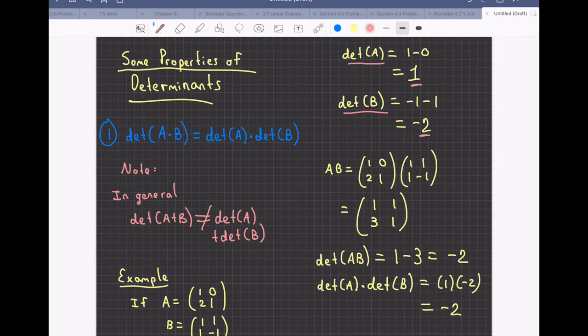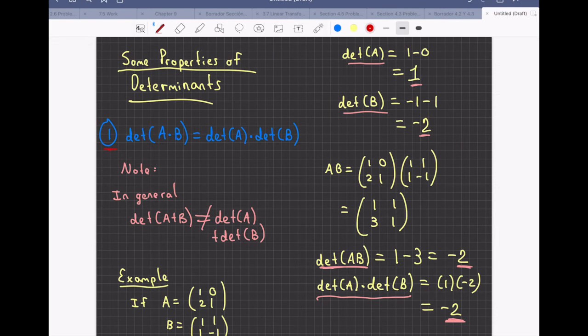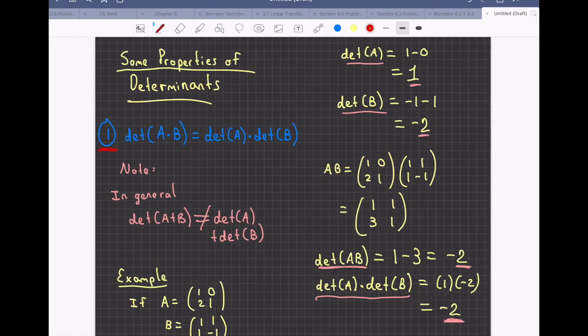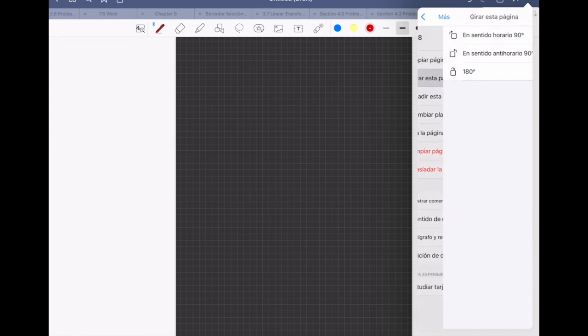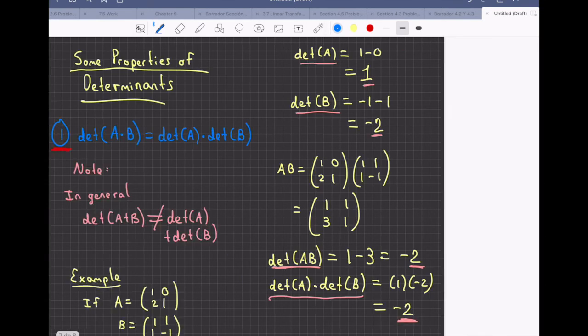So, of course, the determinant of AB is the same as the determinant of A times the determinant of B. This is a good property that we can use in some computations. In the exercises, I think we have to use this property for some of them. All right, so this is property number 1. Number 2.